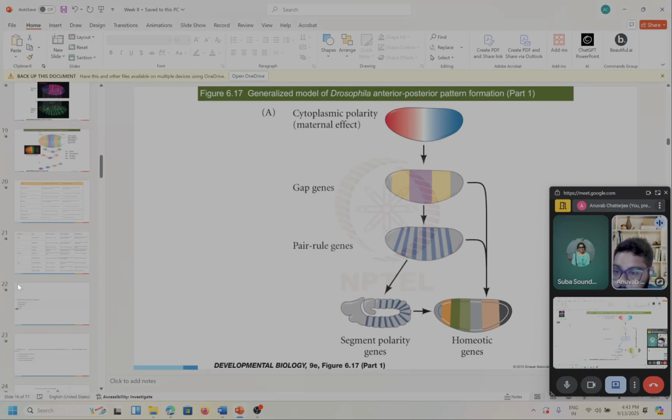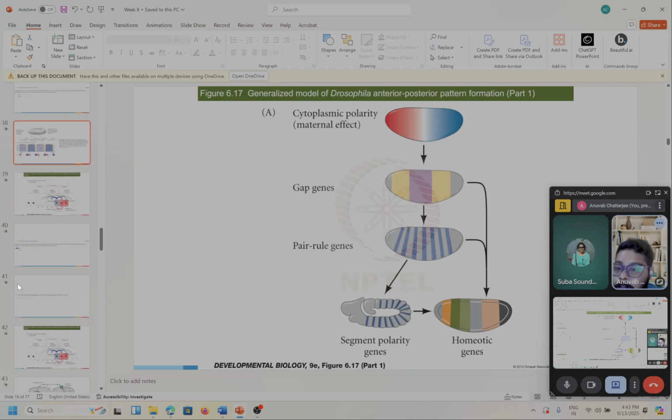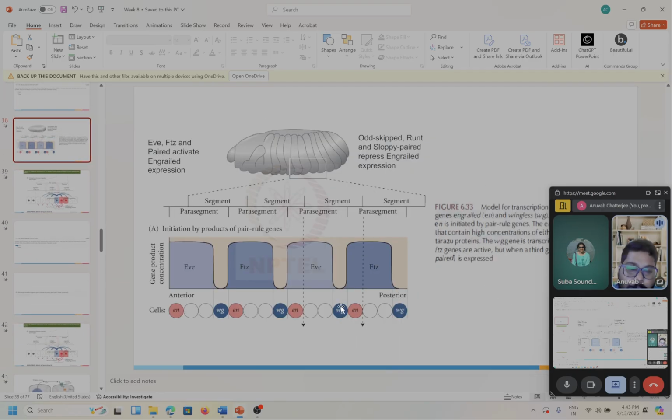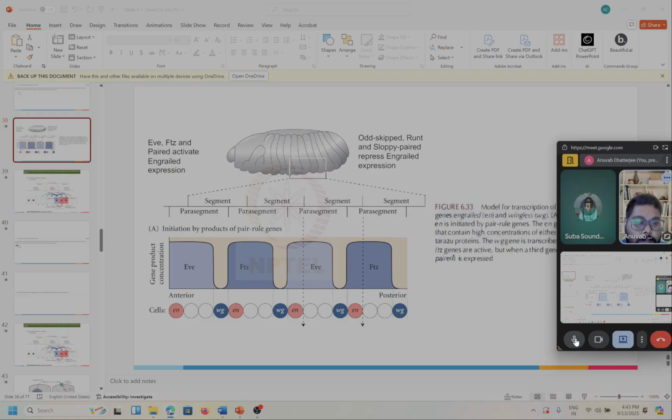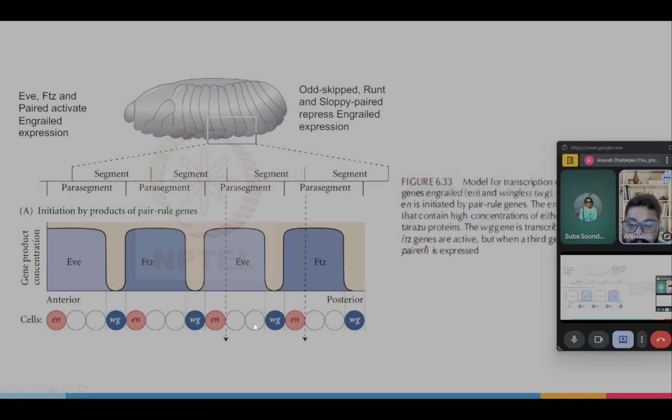Now let us look at it in this light. Coming here, till this point, the pair rule genes, even skipped, fushi tarazu, are all transcription factors being expressed by particular nuclei, and these in turn activate the segment polarity genes.